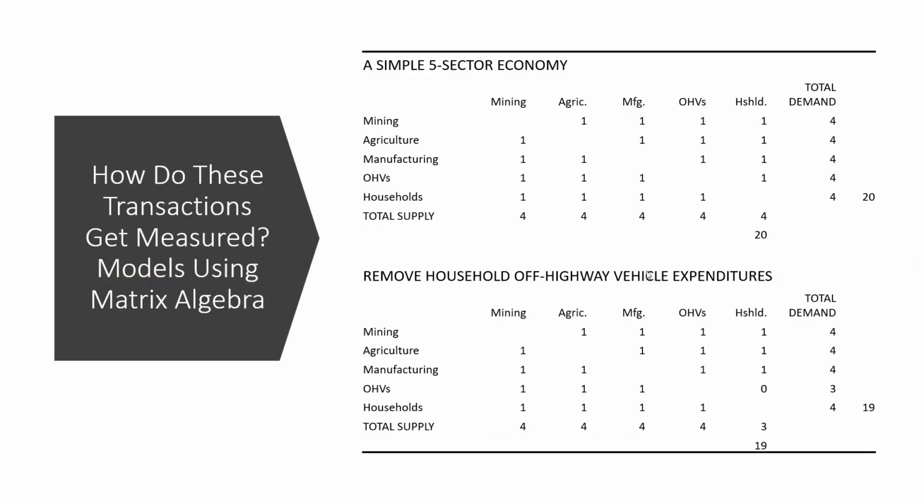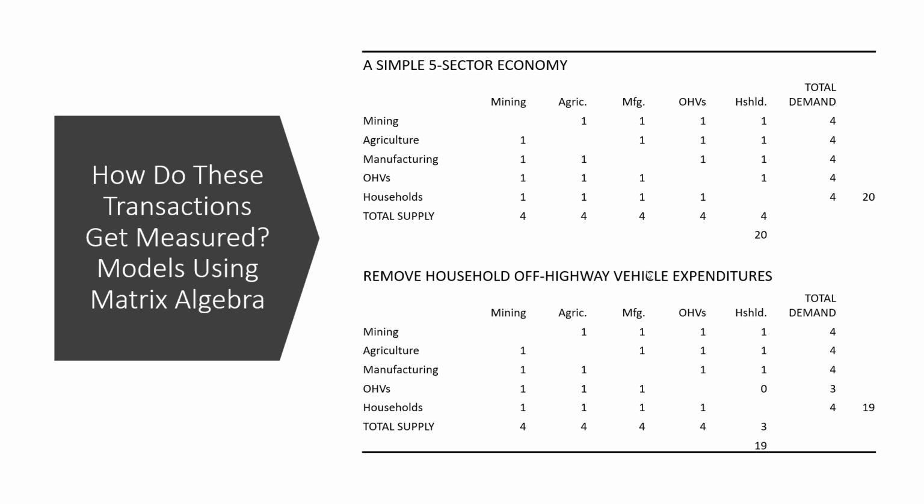These transactions all get measured using a matrix and matrix algebra, which is more than we're going to get into deeply here. But this slide and the next one both show 4 pictures of a very simple economy. This economy has 4 production sectors and 1 household sector, so there's 5 sectors total. In the top half of this slide is the economy as we start.